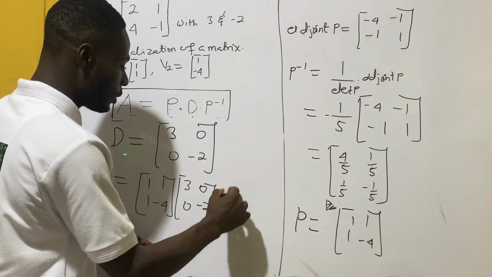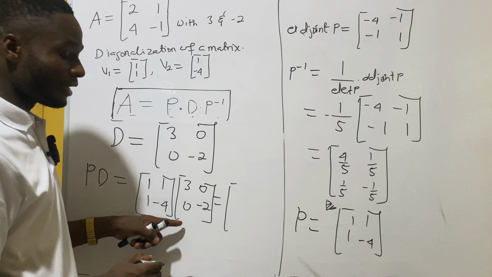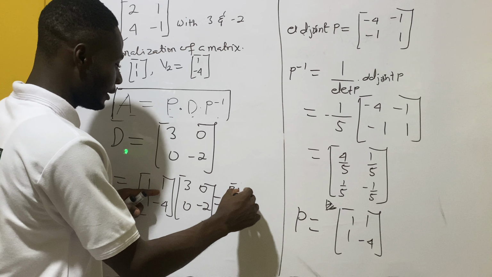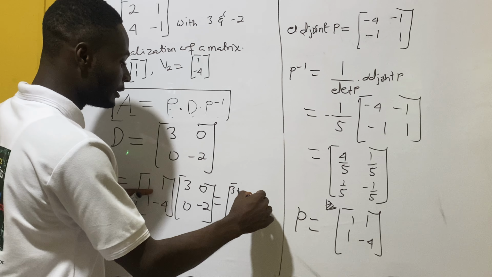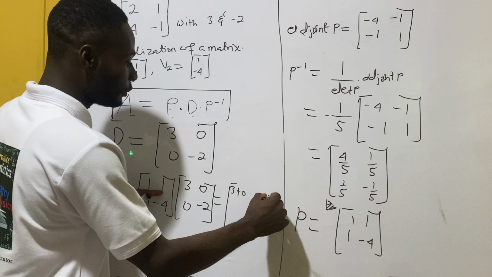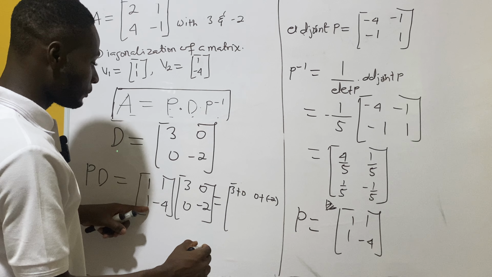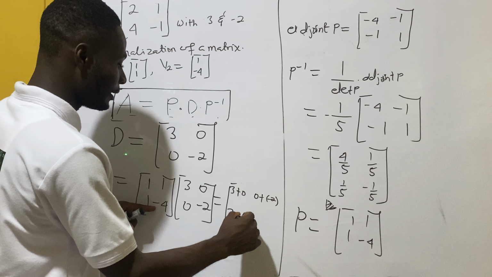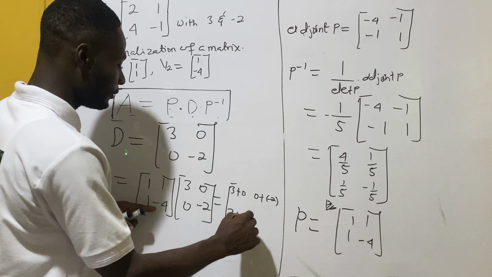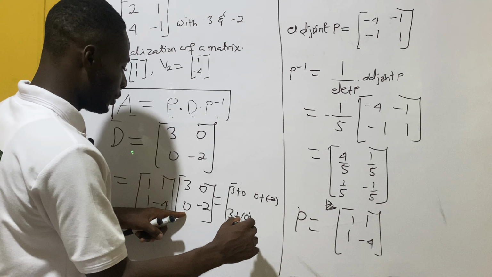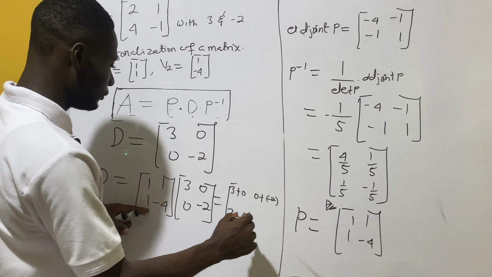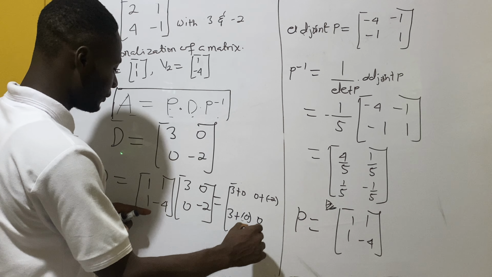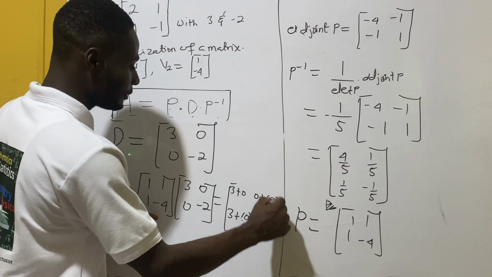When you multiply the first row with the first column, you get 3 plus 0, then 0 plus -2, then we have 3 plus negative 3 plus 0, and then 1 times 0, that is 0, plus 8, right?